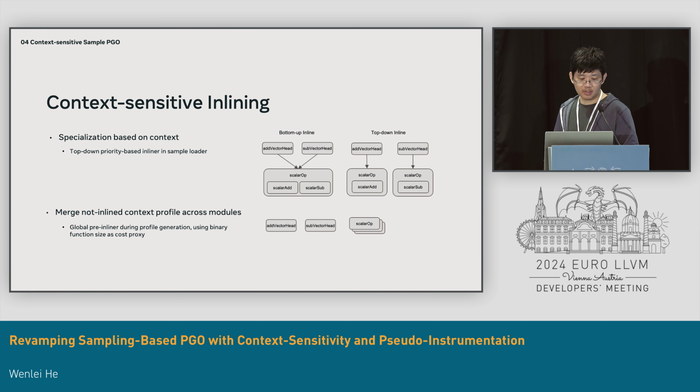So we mitigate this problem by introducing a global pre-inliner, which actually runs during profile generation. It uses the profile hotness and the binary function size from the previous build to estimate the inline decision and then pre-adjust the profile across different modules.